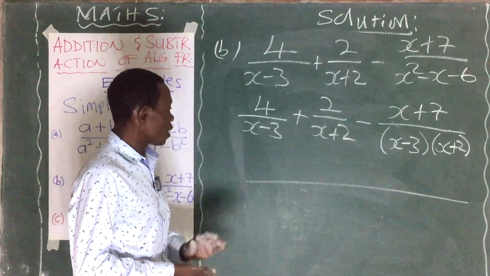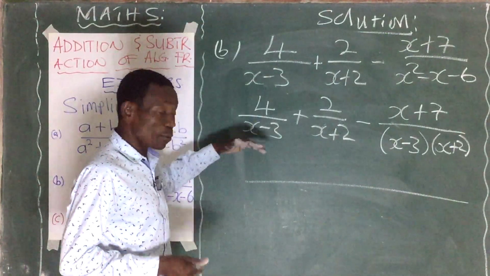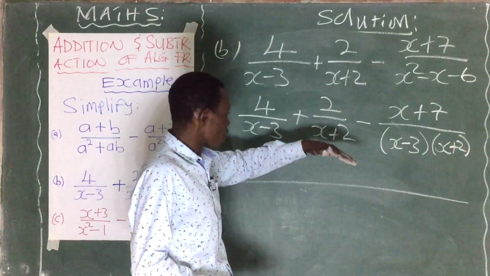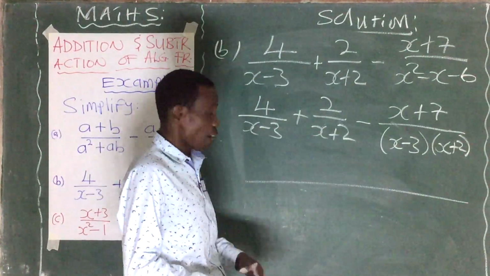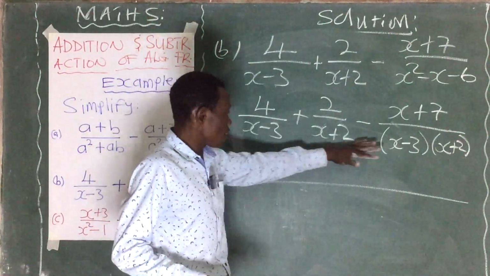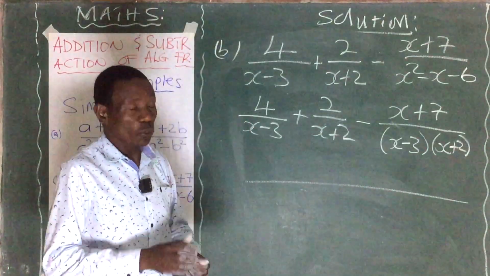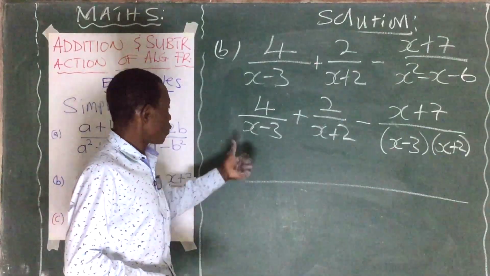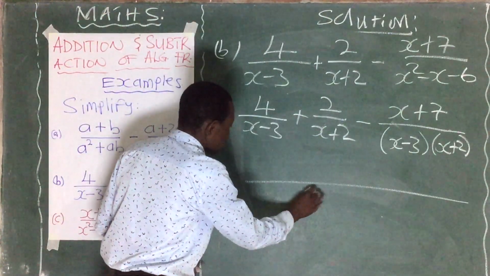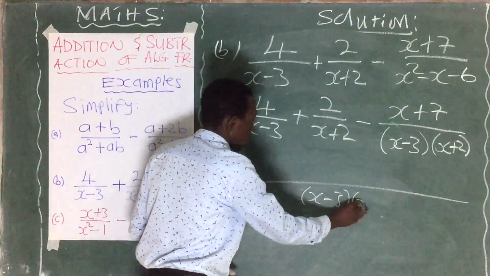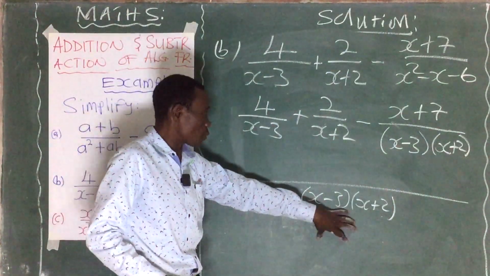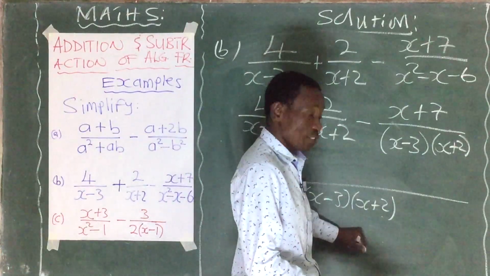It has to contain x minus 3 and also x plus 2, so that when we divide, these denominators can be cancelled with at least one of them. So the required common denominator in this case is x minus 3 times x plus 2.